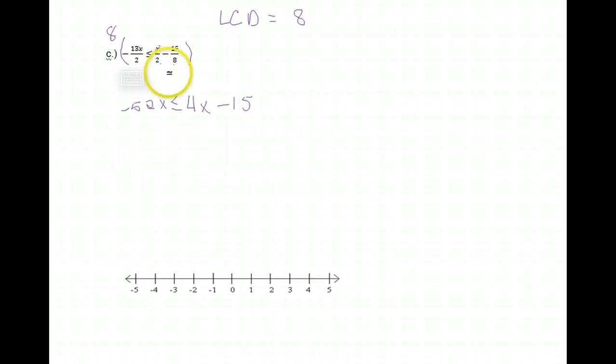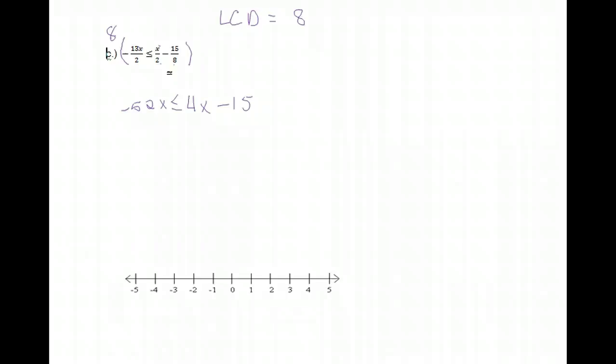At this time, you now have eliminated your fractions and you have an inequality that has variables on both sides of the inequality. We have to move one of the variables to the other side.